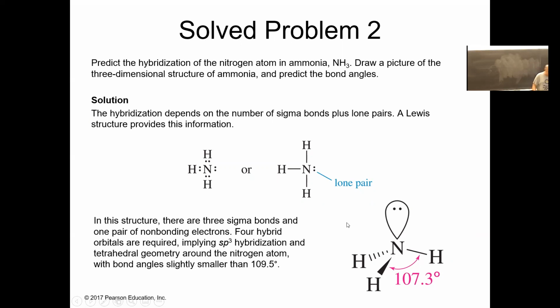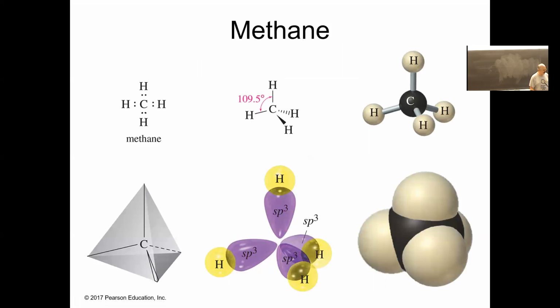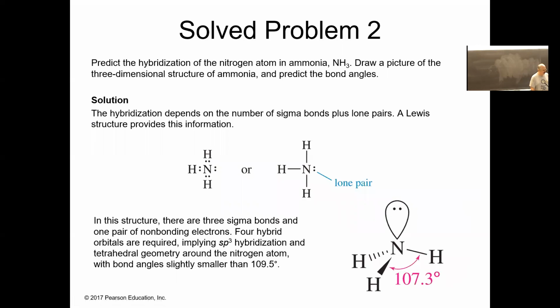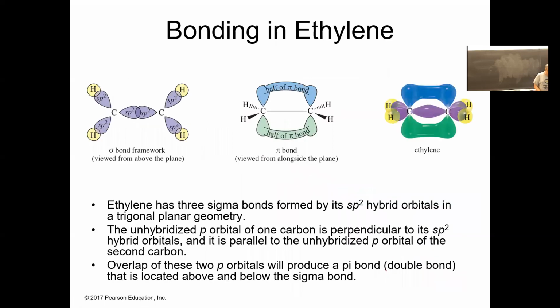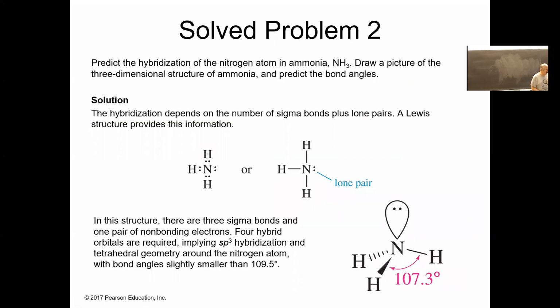In contrast to methane, which has 109.5 degree bond angles, the reason that the HNH bond angle is smaller is that this lone pair takes up a lot of room, and that causes this bond angle to compress a little bit. Okay, with water, you have 2 lone pairs, and the HOH bond angle is about 104.5, so it's compressed even further.